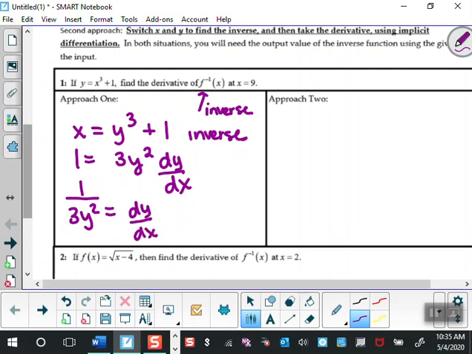Now, the problem is x equals 9 on the inverse function. So you've got to take the inverse function and figure out what the y is.